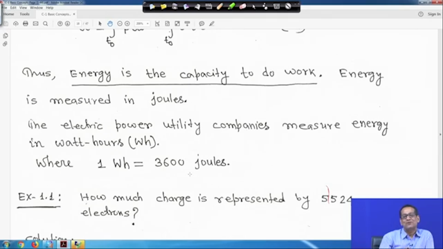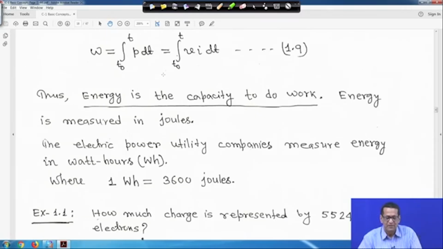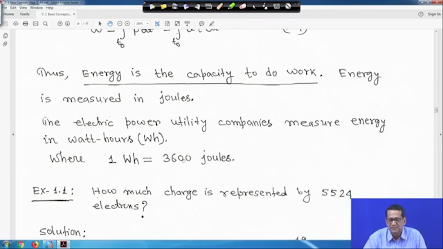Similarly, in the case of voltage, which point is higher than the other point. All these things, hopefully you have understood. Therefore, one watt-hour is equal to 3600 joules.